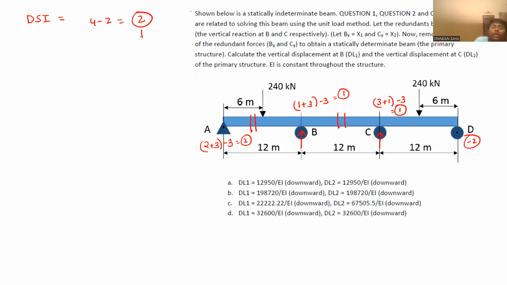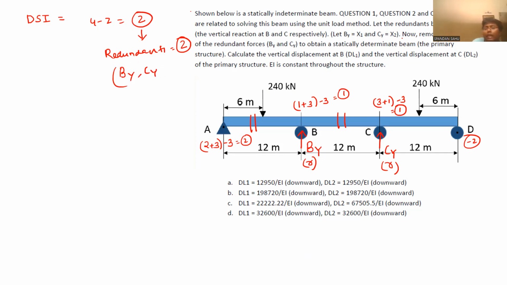If DSI is 2, then how many redundants you have to choose? 2 redundants. And they have made it easier by telling you to choose By as the first redundant and Cy as your other redundant. They have explicitly mentioned that you choose By and Cy as your redundants.